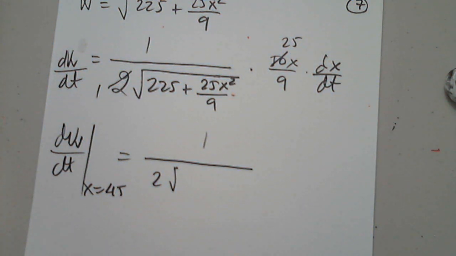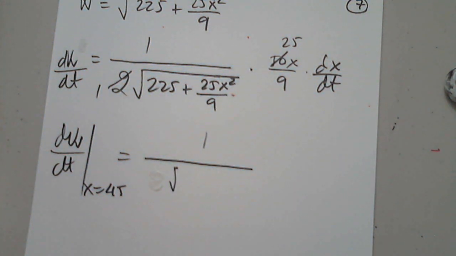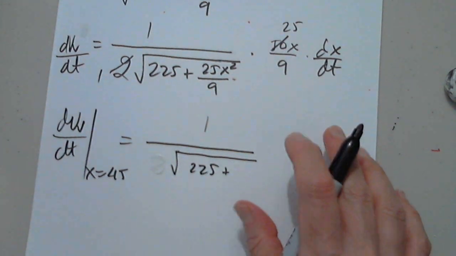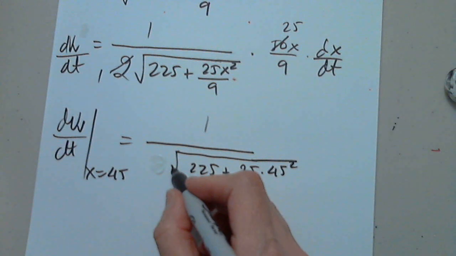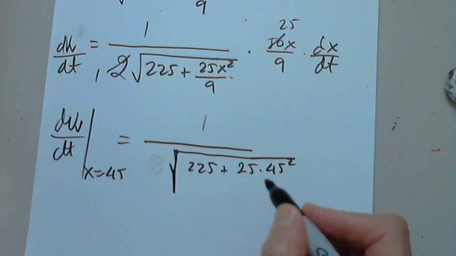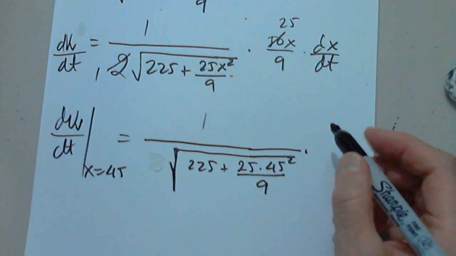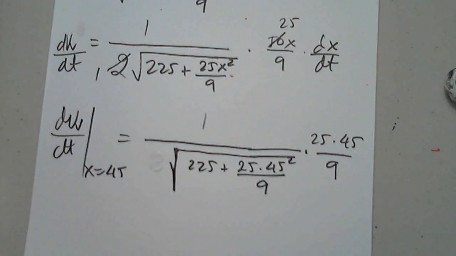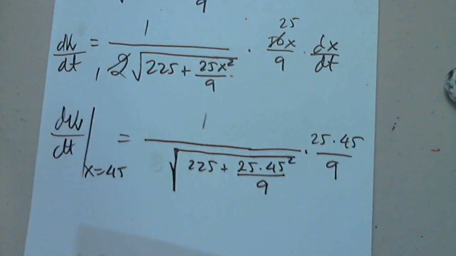So I have the square root of 225 plus 25 times 45 squared over 9, times 25 times 45 over 9 times dx over dt, which is 4.